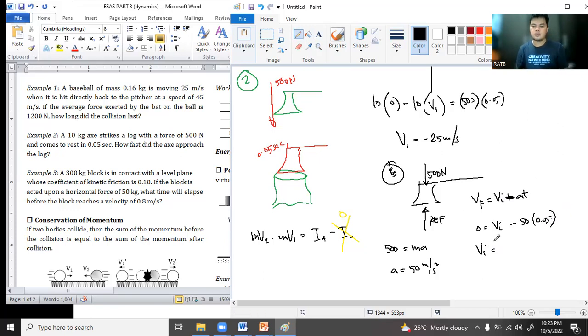So the answer would be 2.5 meters per second.